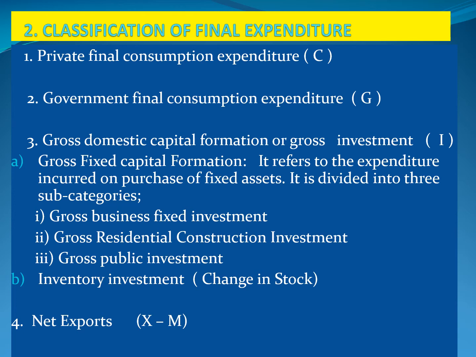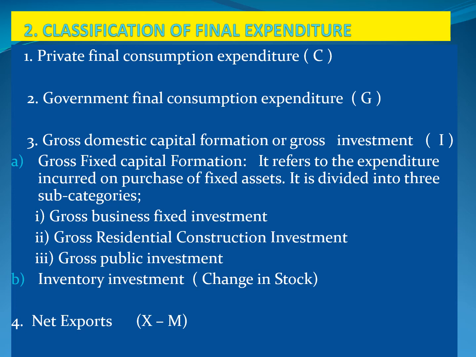Now coming to the second part of gross domestic capital formation, inventory investment, which is also referred to as change in stocks. It is the difference between closing stock and opening stock of inventories like raw materials, semi-finished goods and finished goods.